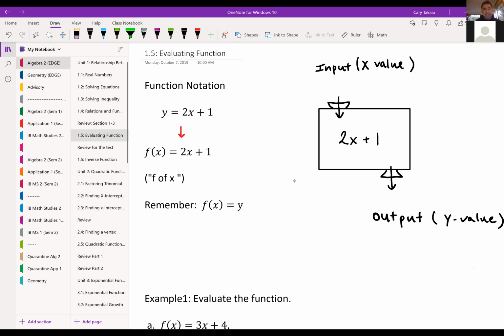Next, what does that mean? What does f of x mean? It means something like this. When you talk about function notation, I want you to think of it in terms of a vending machine. When you use a vending machine, you've used a vending machine before, right?